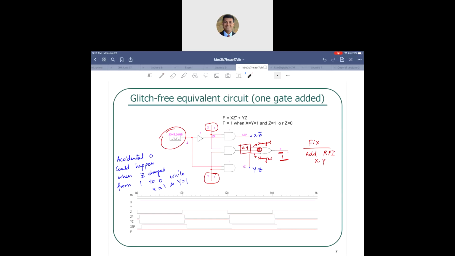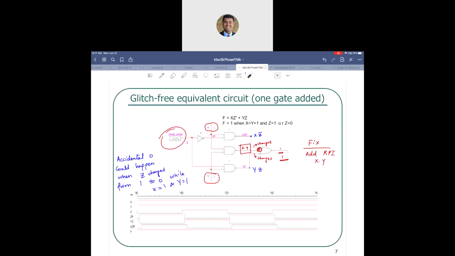It is going to be 1 the entire time. So in a more complex example, you can literally write these kinds of input conditions and add RPIs to counter each of those input conditions.